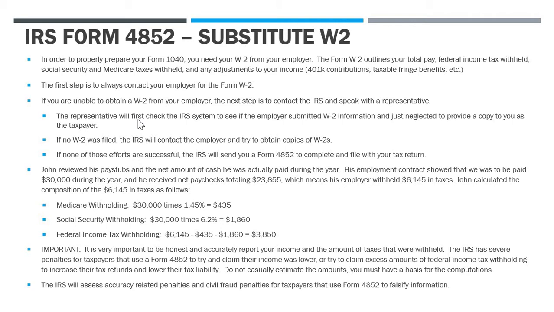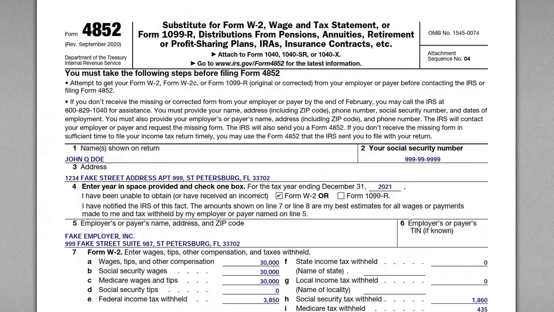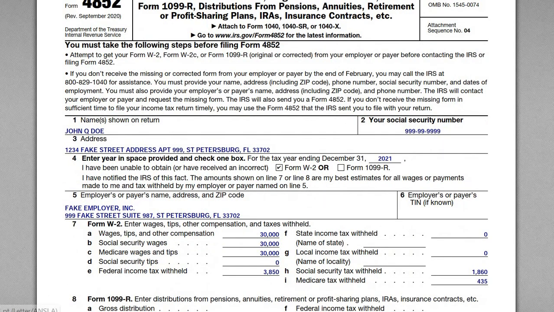Okay, so the example we're going to look at here is for John. So what does John do if he's unable to get his W-2 from his employer? Well, on the 4852, you're effectively reporting all the information that otherwise would be reported on the W-2.